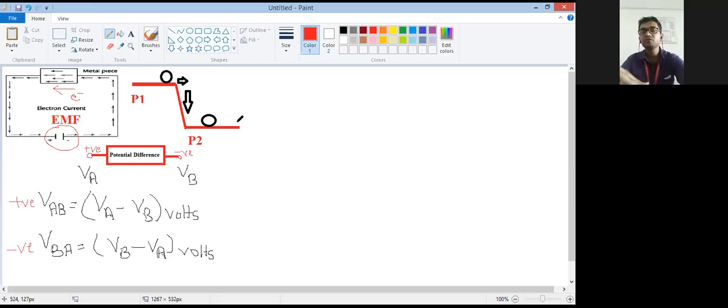This is the most important thing, that VA is at higher potential and VB is at lower potential. So VAB is positive and VBA is negative. I hope it is clear now.